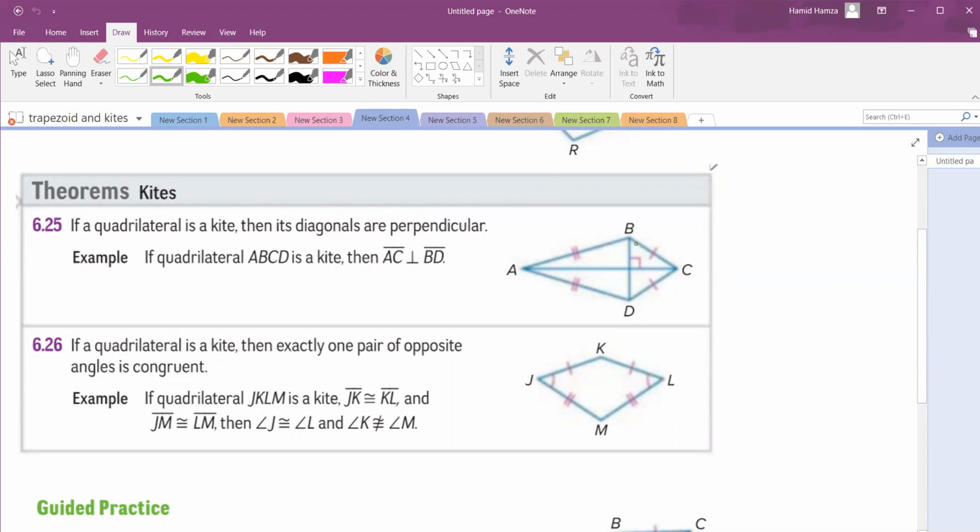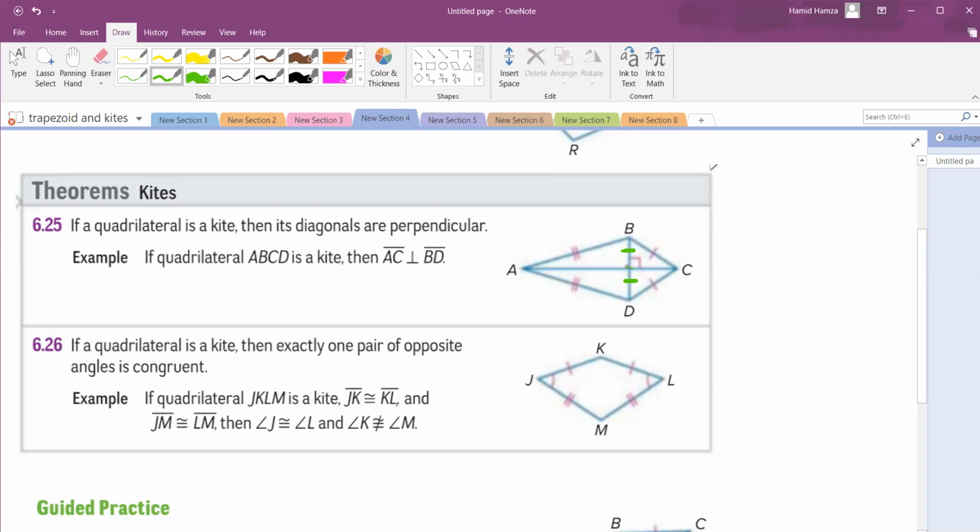So diagonal AC will intersect diagonal BD. That means this line and this line are equal in length. But the long diagonal, no. You will notice that this line is not the same as this line. One of them is short and the other is long.